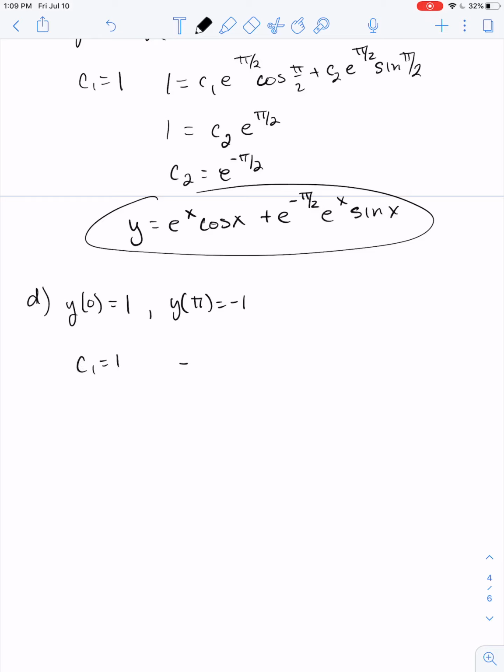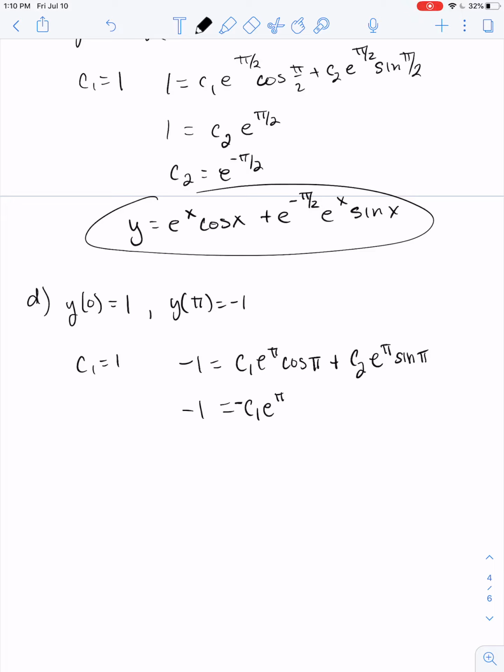Now if I plug everything in here, I'm going to get C1 e to the pi cosine pi plus C2 e to the pi sine pi, right? So sine pi is 0, that goes away, so you get negative 1 equals C1 cosine pi is negative, so it's negative e to the pi, like this.